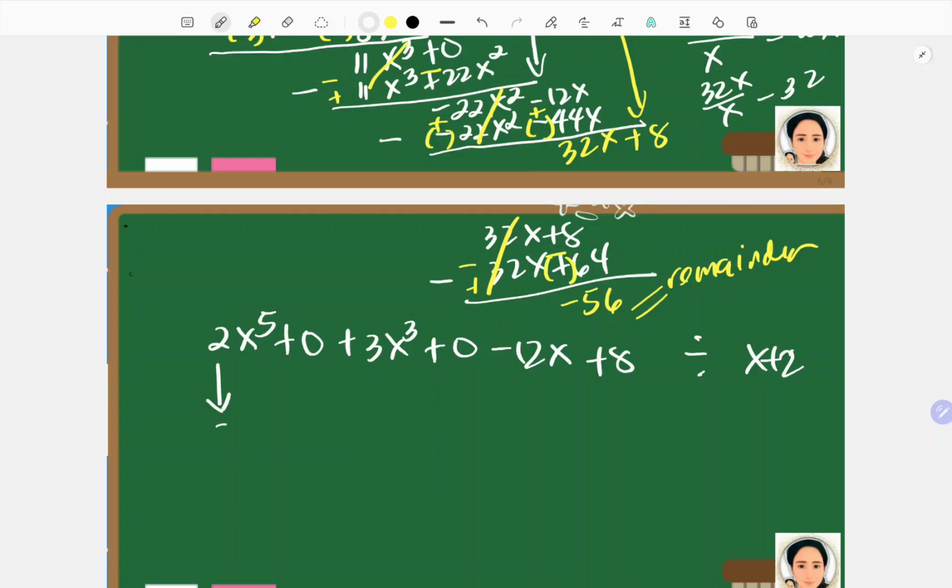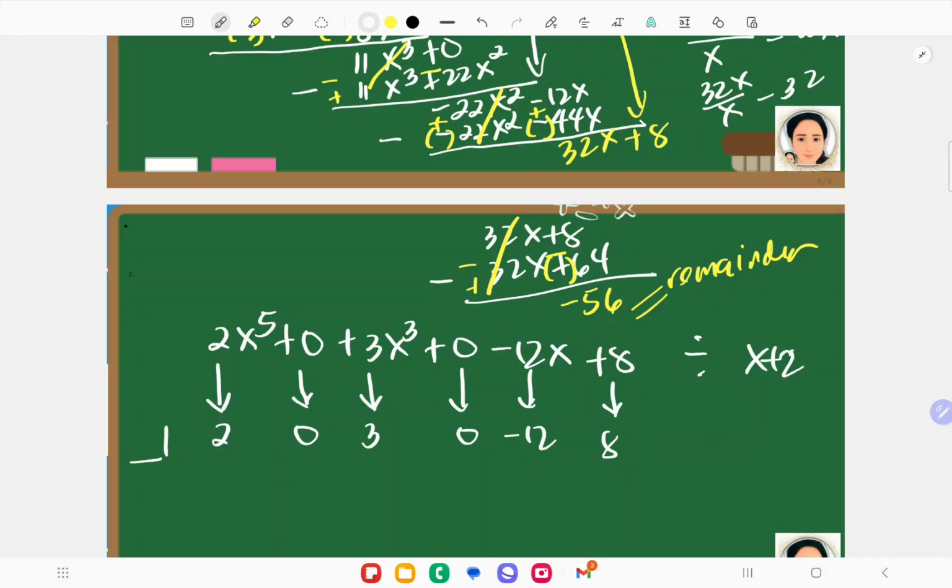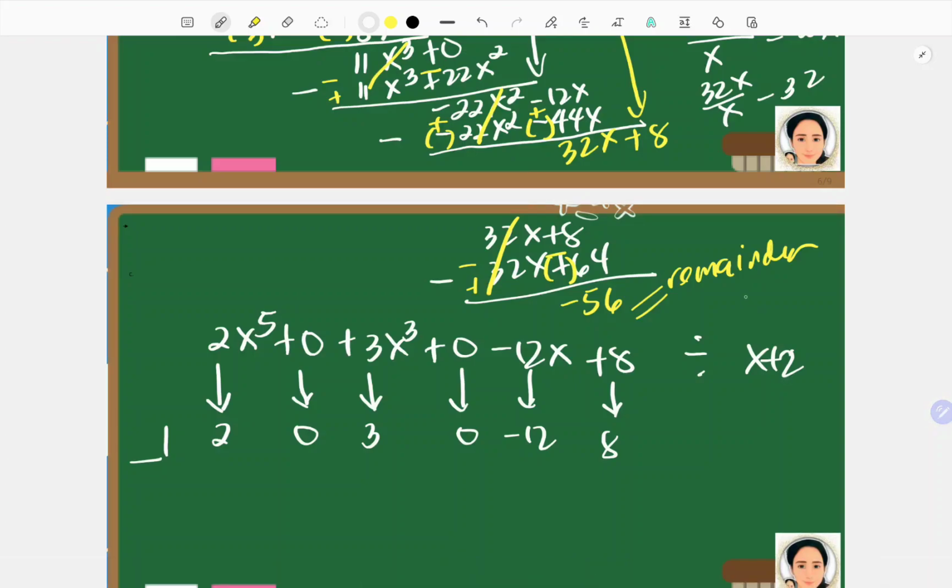We have here positive 2. Then we have 0. Then we have positive 3. Then we have 0. Then we have negative 12. And the last one, positive 8. And what is our divisor? You have to equate this to 0 using the zero product property. X plus 2 is equal to 0. So x is equal to, transpose, negative 2. So your divisor is negative 2.